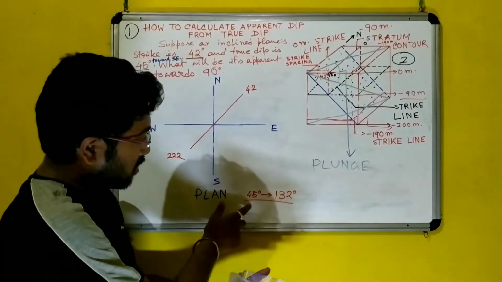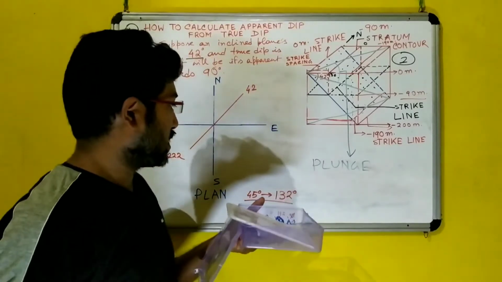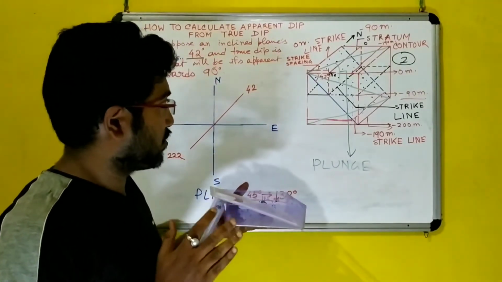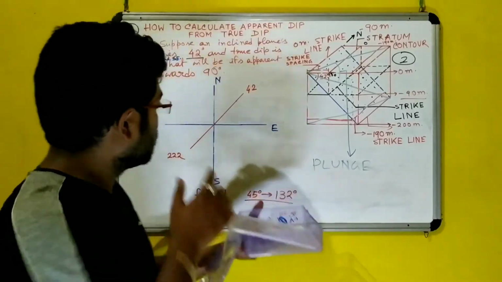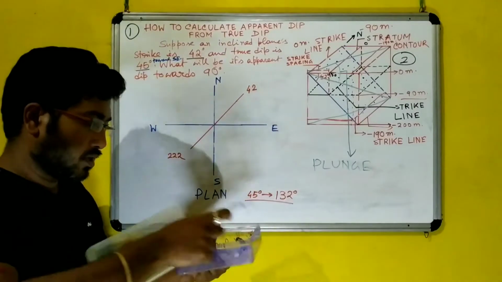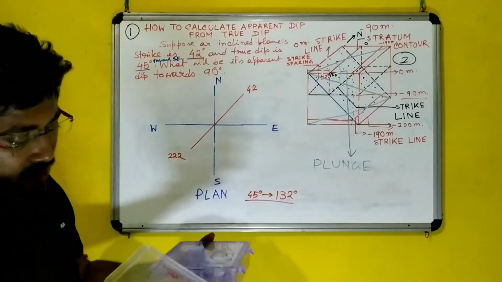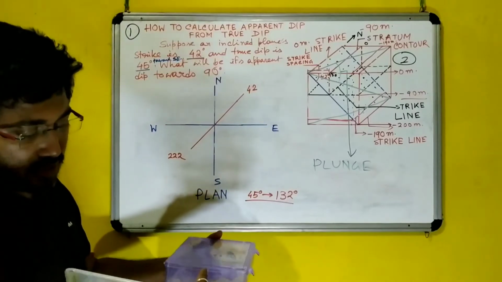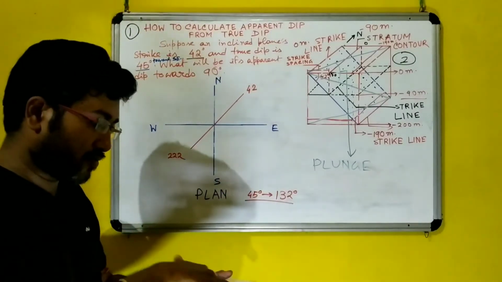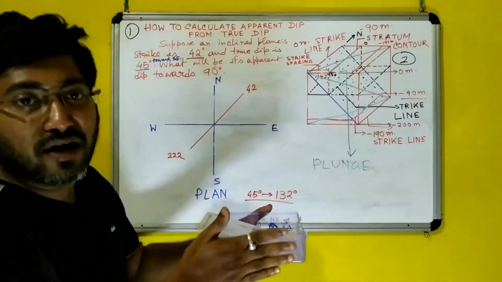Suppose now this 45 towards 132, this data which is about 2D, where will I use it in this diagram? Because this is plan view, meaning this is the top of the tube. How can I use this inclination data? Here I cannot use this inclination because it is the third dimension.